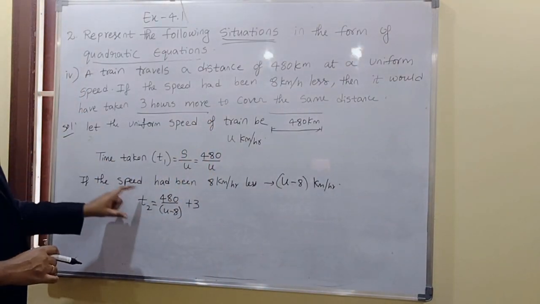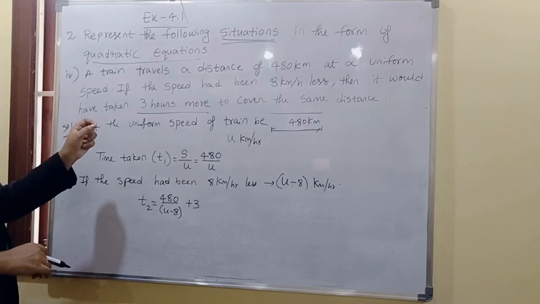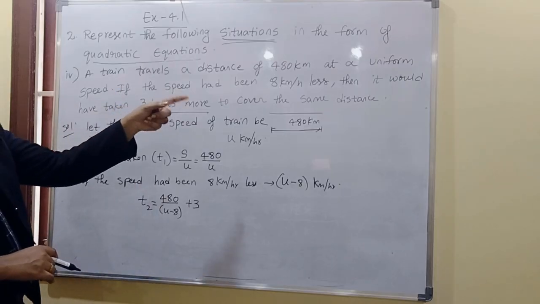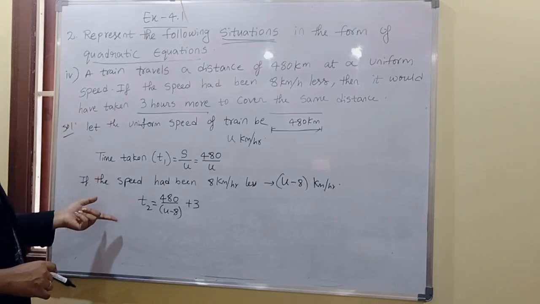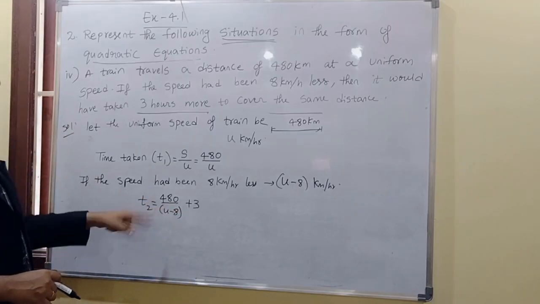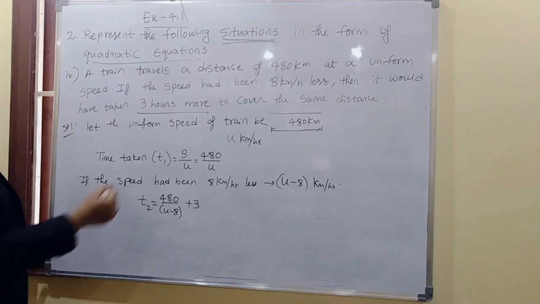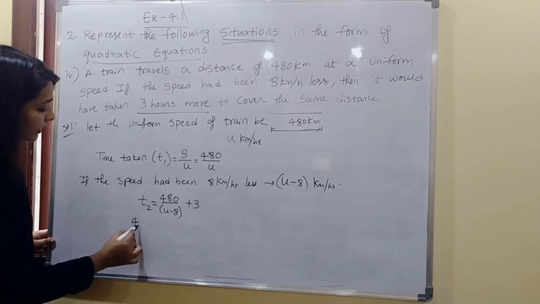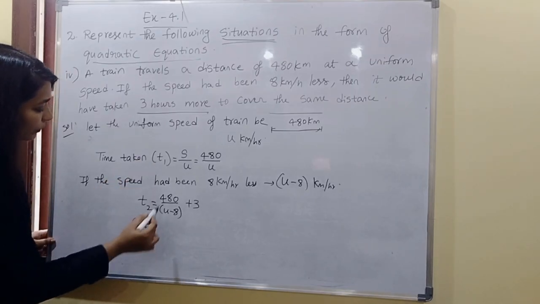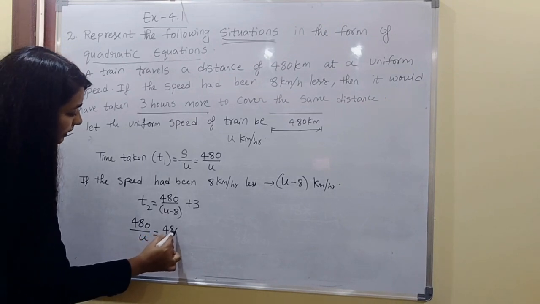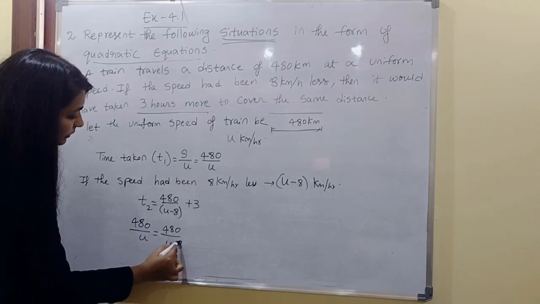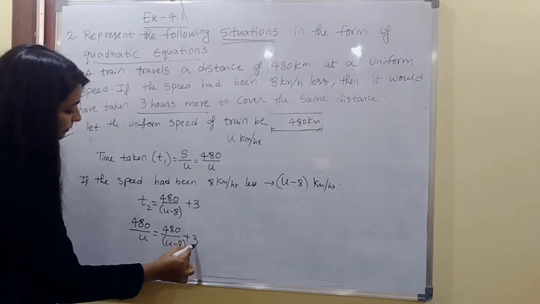So according to the question, when the speed is 8 km per hour less, it would have taken 3 hours more, so we added 3 to the new time. Is it clear? The distance is the same, so we can equate 480 by u is equal to 480 by u minus 8 plus 3.